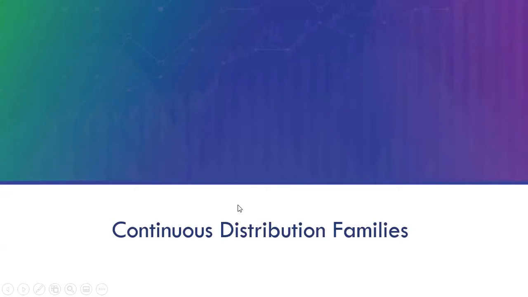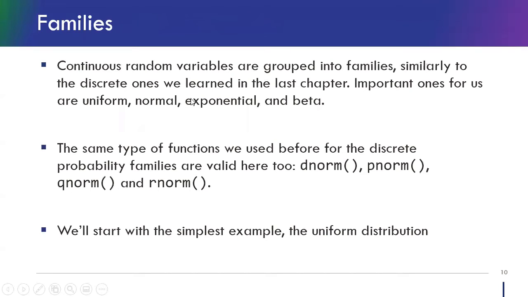Okay, let's go to the distributions. So for discrete cases, we talked about some distribution families, binomial, Bernoulli. By given different parameters, you get a different distribution. Those are just a family of distributions. Now for continuous random variables, they also have different distribution families. I only cover some of the important ones: uniform distribution, normal, exponential, and beta distributions.